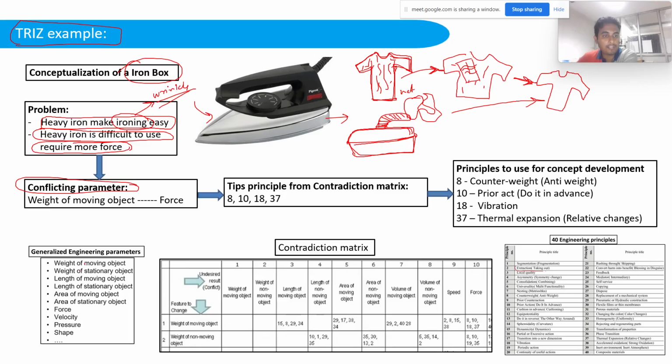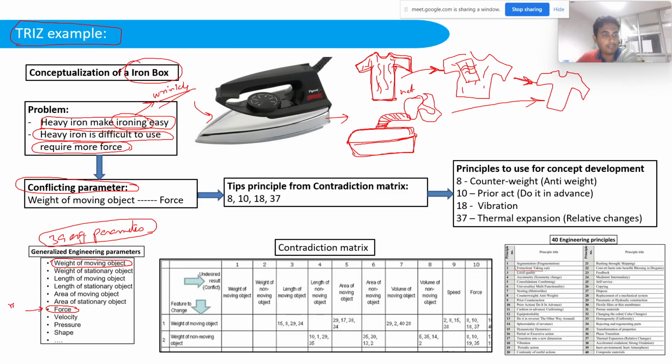You have a list of 39 engineering parameters, and you try to identify which ones you are trying to use in your concepts. So in your concept, you use the weight of a moving object, and probably the force. You need more force, physical effort.